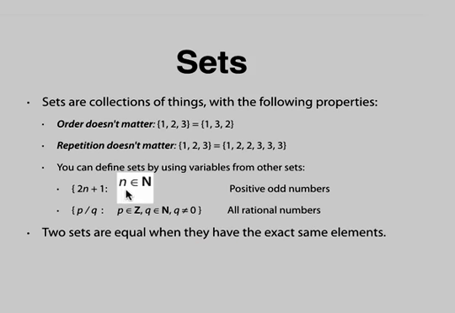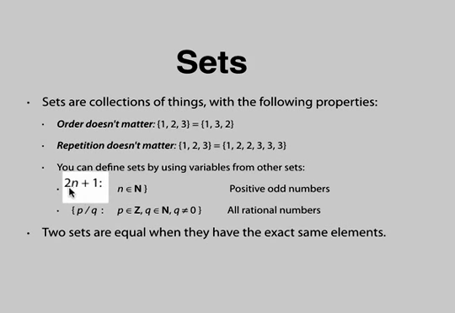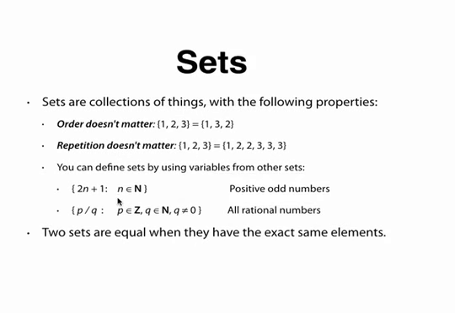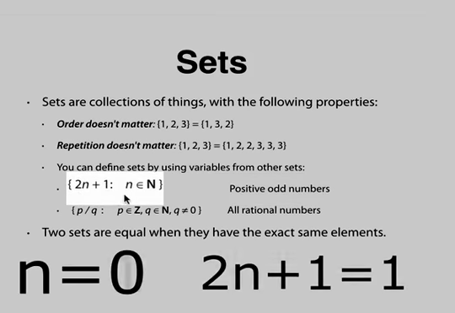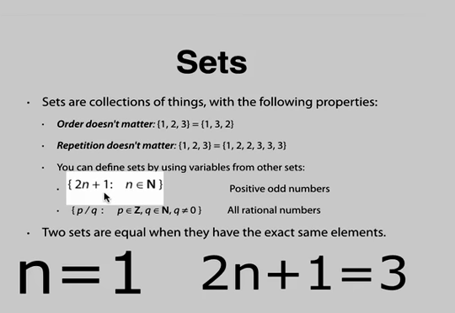So if you take all the possible natural numbers and then with each one you multiply it by 2 and add 1, this set is the odd numbers, right? So for example, if n equals 0, then this would be 1. If n was 1, then this thing would be 3 because 2 times 1 plus 1 is 3.